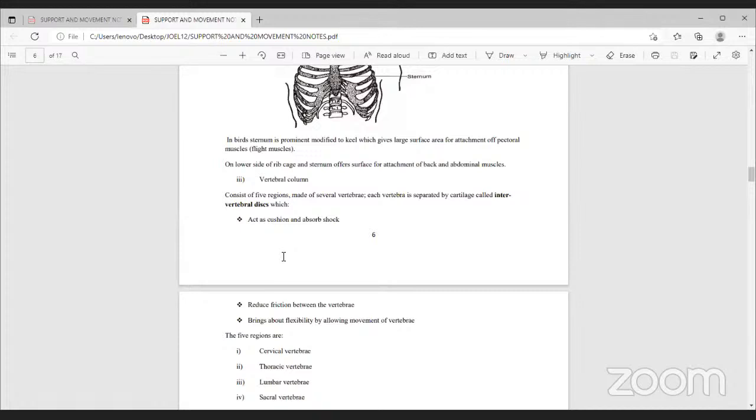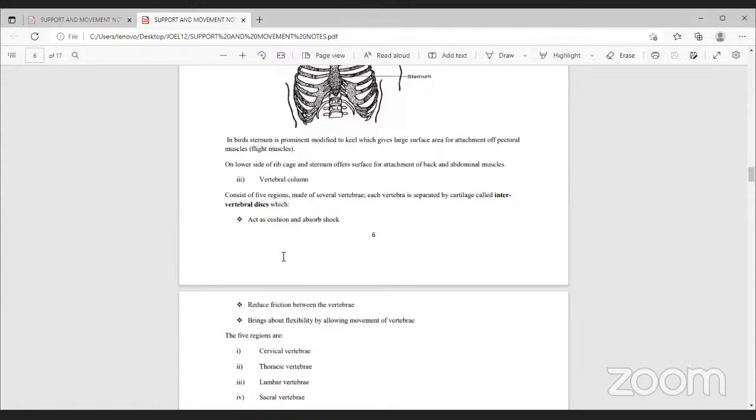Bending cannot happen, because the organism is going to be fixed in a way that it cannot move, it cannot bend, etc. So to bring about this flexibility, the 33 bones are separated from one another by the intervertebral disc.